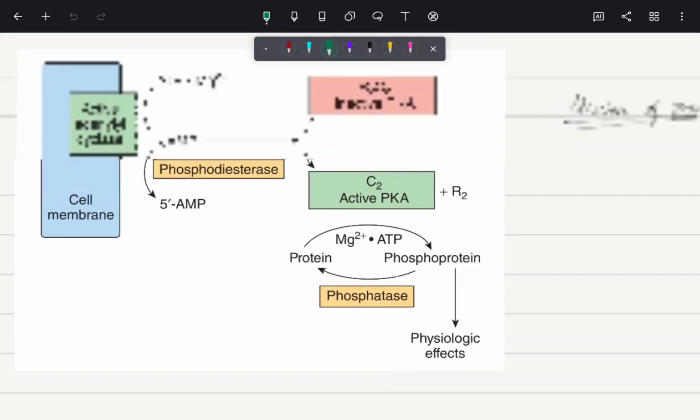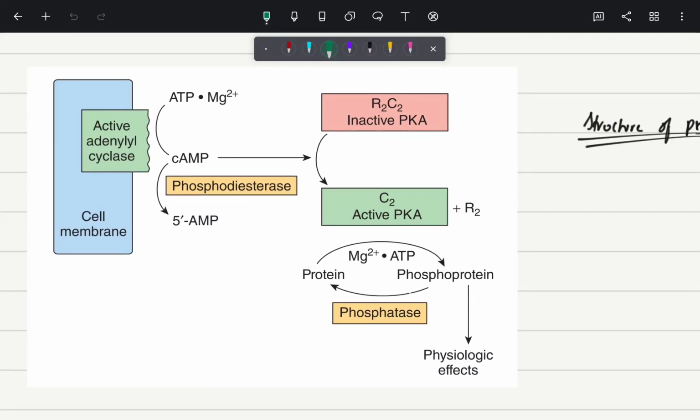So before ending the topic, this is taken from your textbook. As you can see here, this ATP or GTP gets converted into cyclic AMP by adenylyl cyclase, and eventually the phosphodiesterase can decrease the cyclic AMP by converting it into 5' adenosine monophosphate.